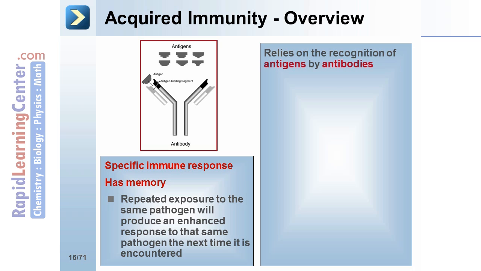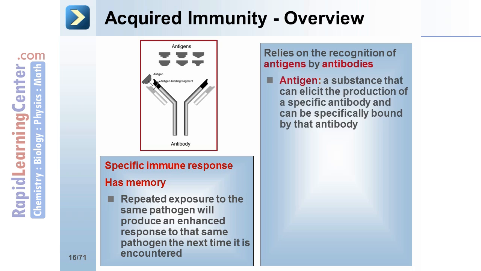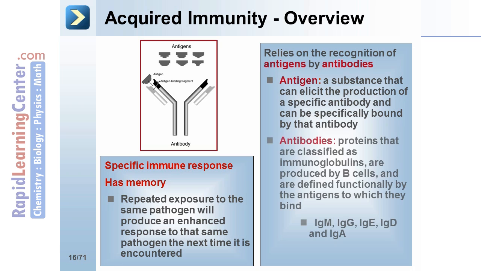The acquired immune response relies on the recognition of antigens by antibodies. An antigen is a substance that can elicit the production of a specific antibody and can be specifically bound by that antibody.